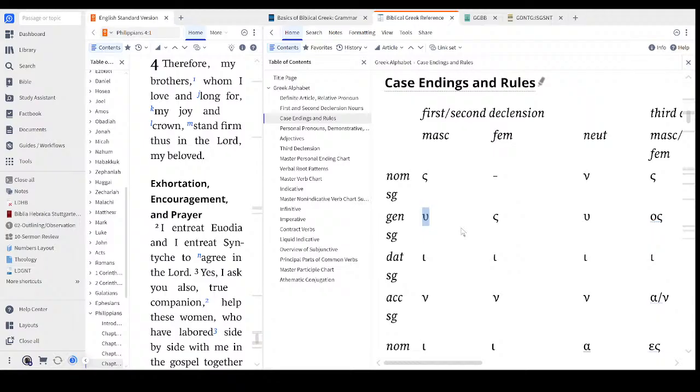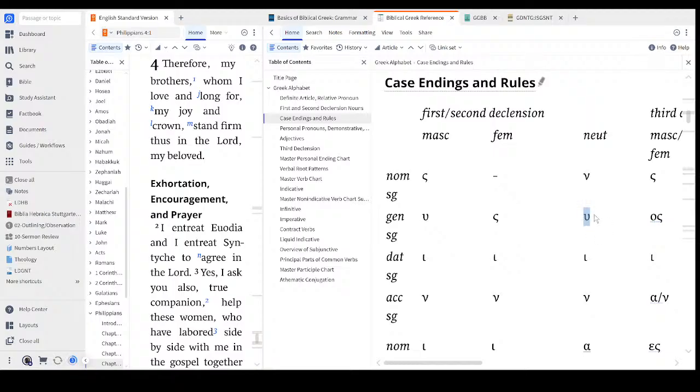when the genitive is in the masculine, and we are going to see this, its case ending is an upsilon. But that is also the same as the neuter.